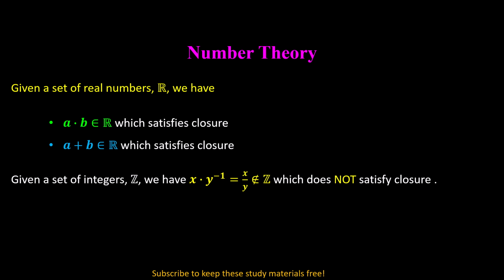It can be negative, it can be positive, but it's a whole number. And I multiply it times 1 over y, which is a fraction. When I multiply those, I no longer have an integer. I have a fraction, which is a real number, but it isn't an integer. It's just a form of real number. And this will not satisfy closure.